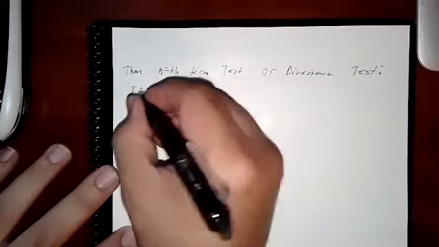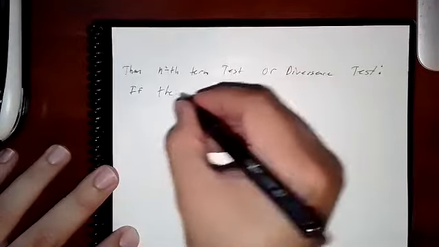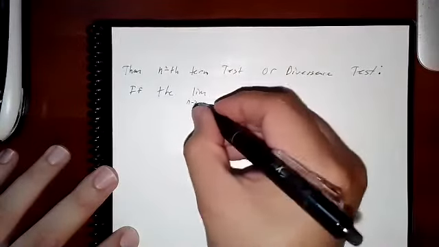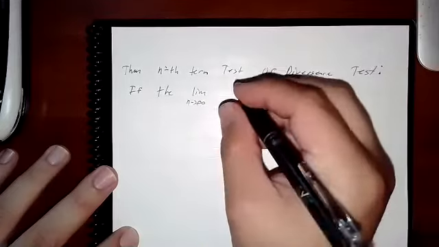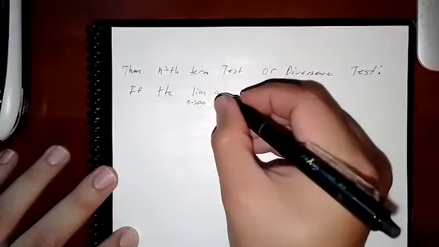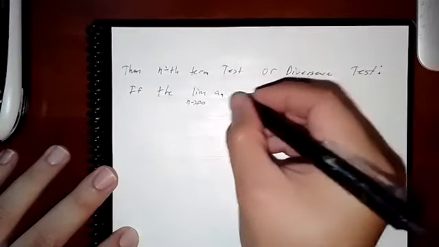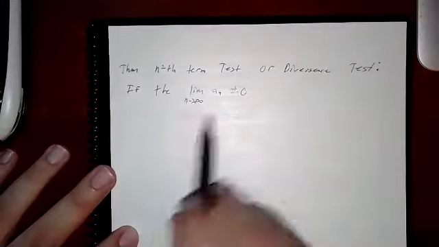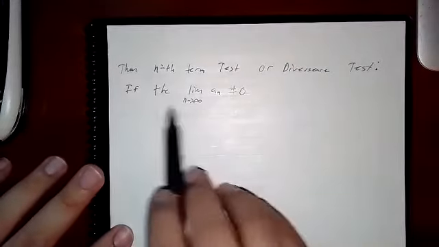So if the limit of n going to infinity of a sub n is not equal to 0. So be careful with this, right?